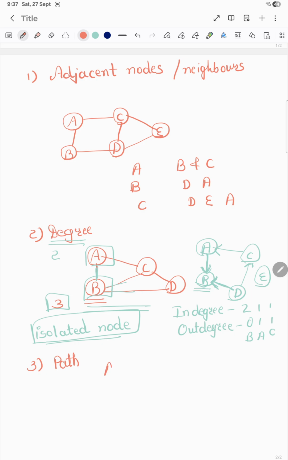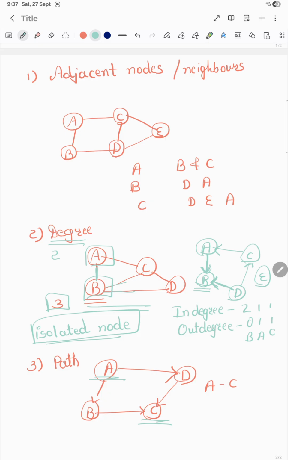Suppose I have A and here I have D. Now I need to show the path between A and C, so I need to reach from A to C. How can I reach?